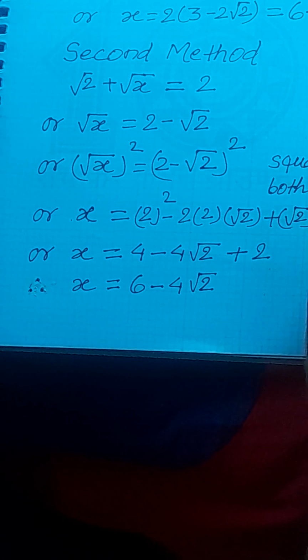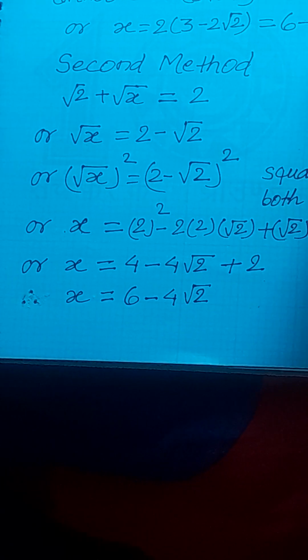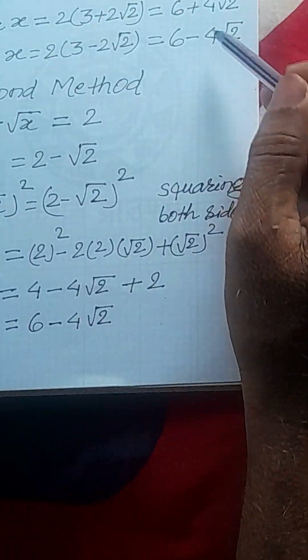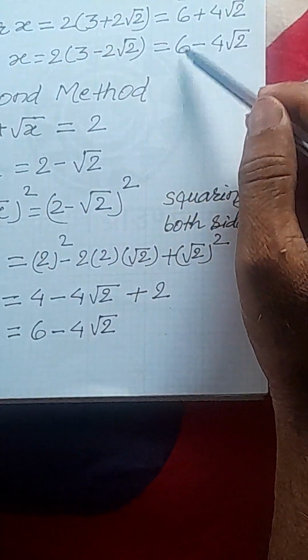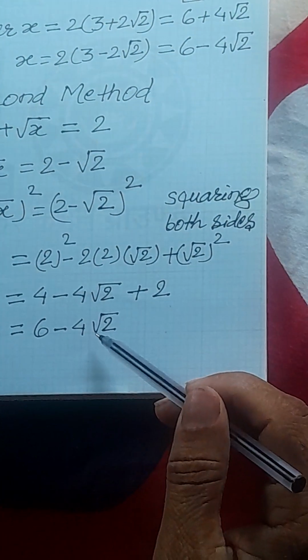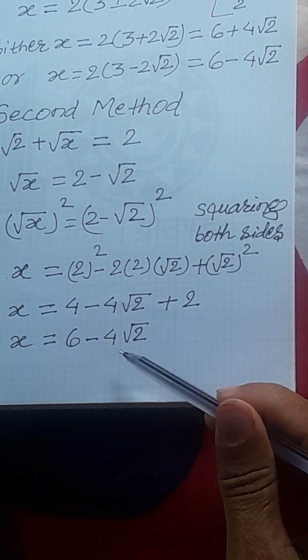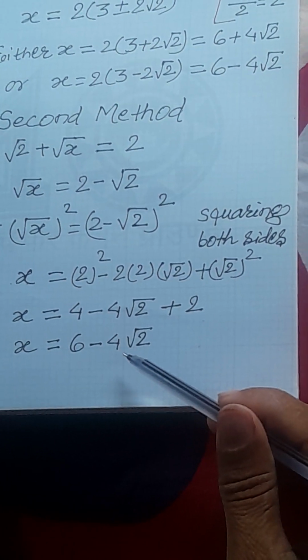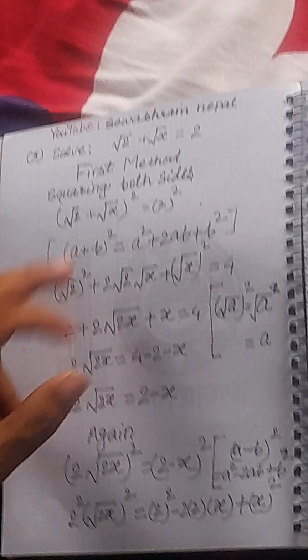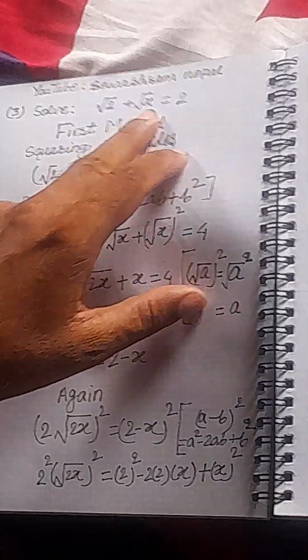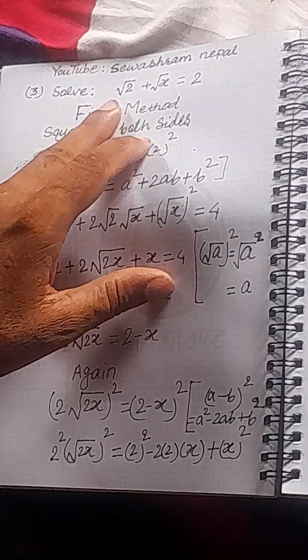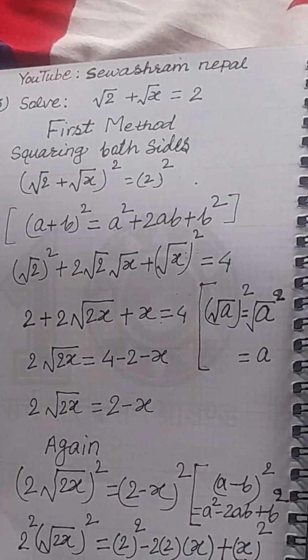So here, in the first answer, the answer with minus is most suitable, 6 minus 4 root 2. So this is the answer. So these are the two methods to find the value of x in the problem root 2 plus root x equal to 2.